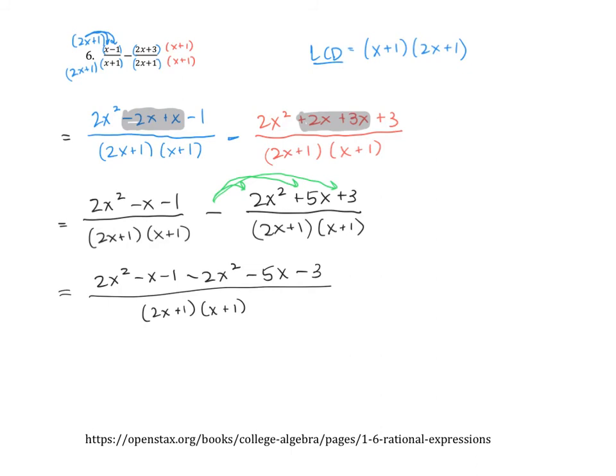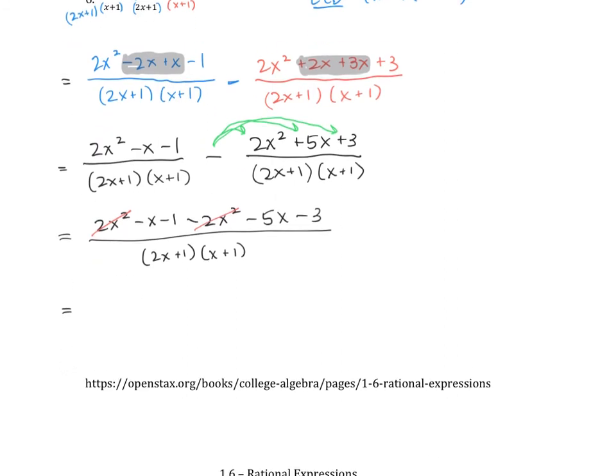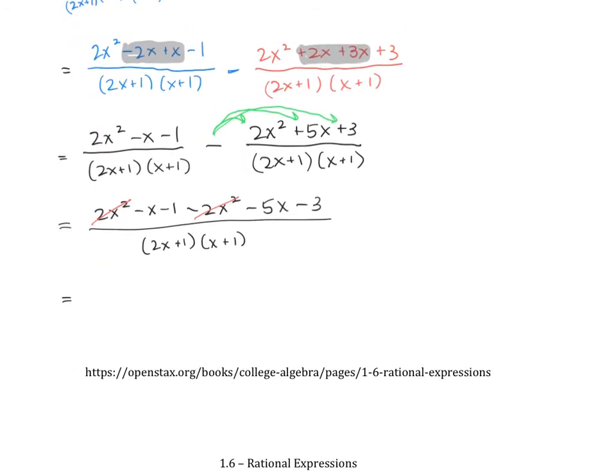Now, you want to combine like terms. 2x squared and a negative 2x squared, those are opposites, so those cancel out. Then you have negative x and negative 5x, that'll give you negative 6x. Negative 1 and negative 3, that's negative 4, over the common denominator.